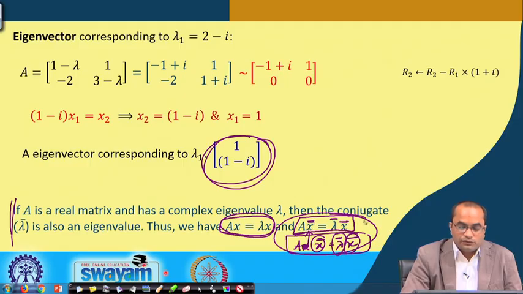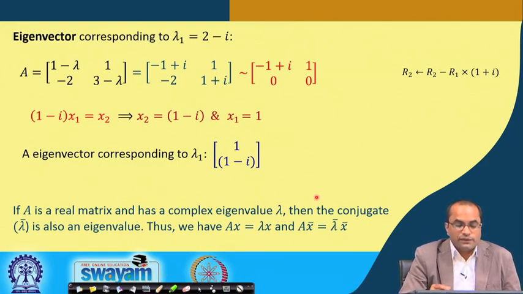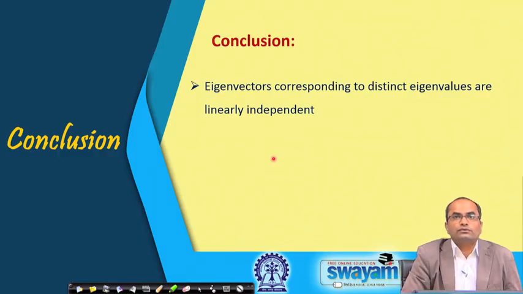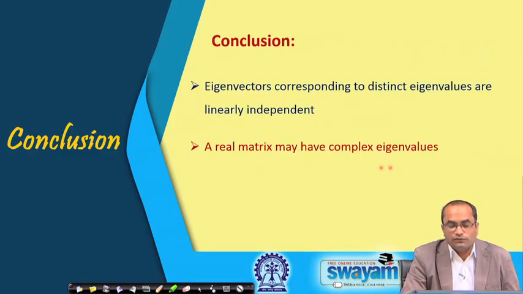So, here that is an interesting result about the complex conjugate eigenvalues. In this case the eigenvectors corresponding to distinct eigenvalues are linearly independent. This is what we have observed, at least in the numerical calculations we had, and also that a real matrix may have complex eigenvalues.